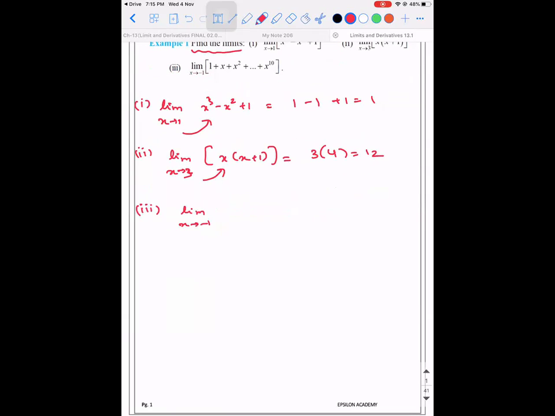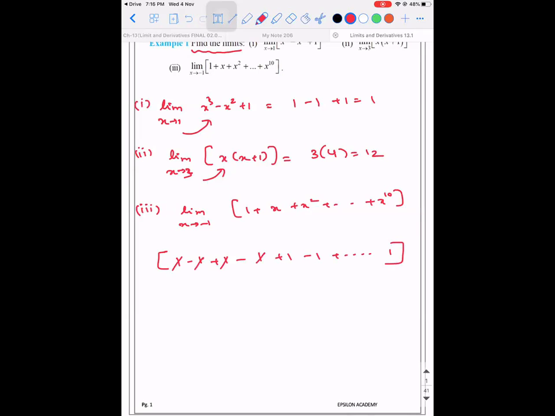Limit x tends to minus 1 of 1 plus x square plus so on till x power 10. When you substitute minus 1 in the place of x, you will get 1 minus 1 plus 1 minus 1 plus 1 minus 1, and it keeps on going till 1. 1 and 1 will get cancelled, 1 and 1 will get cancelled.